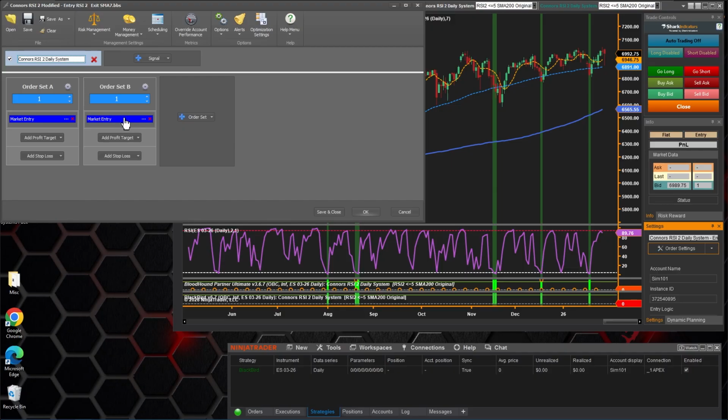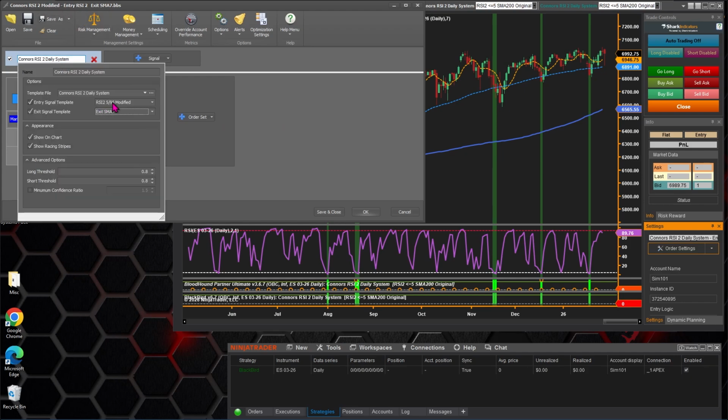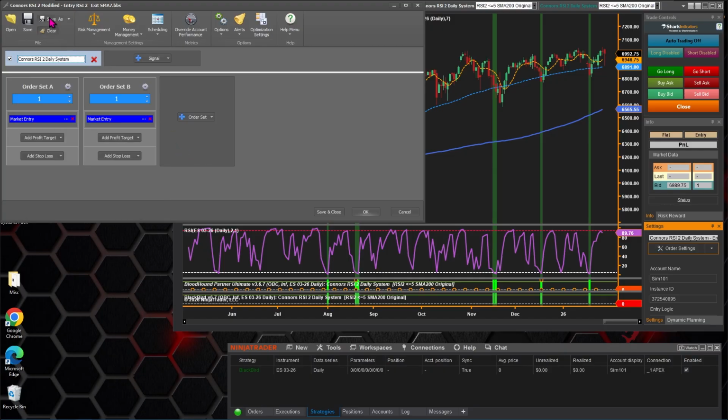If you wanted all of those other scale in orders, you could go back to the original system, adjust your entry and exit signals, and then do a save as, with those additional scale in entry orders.